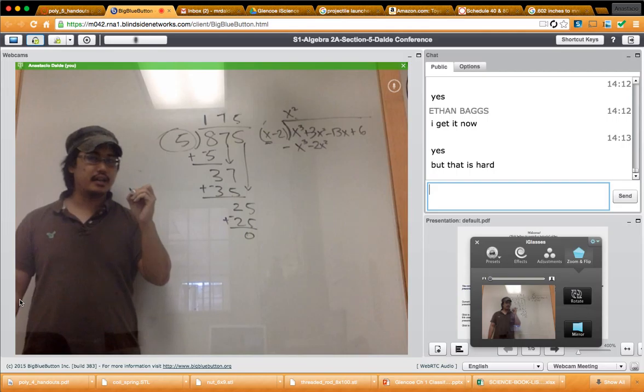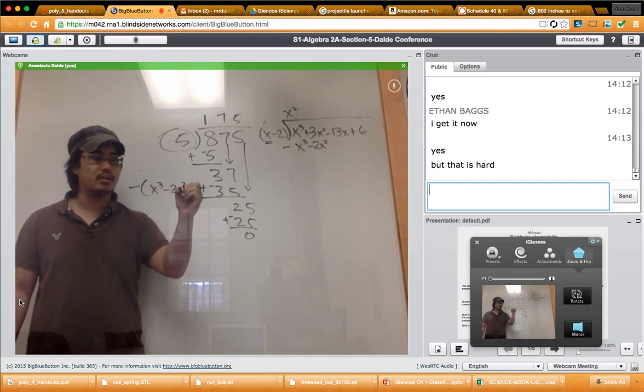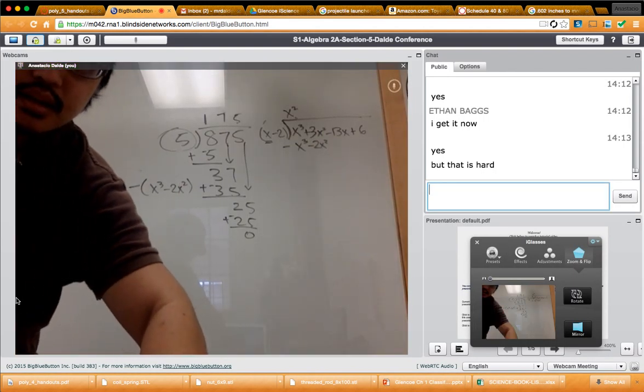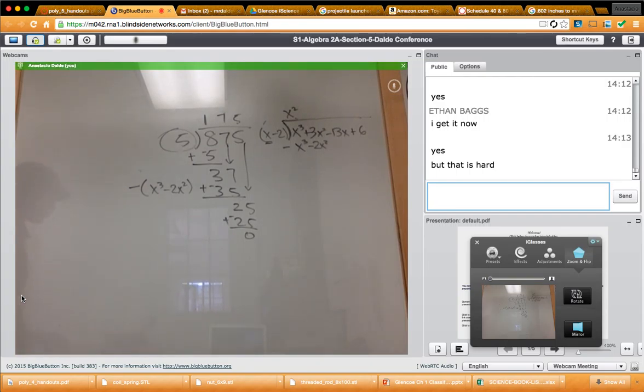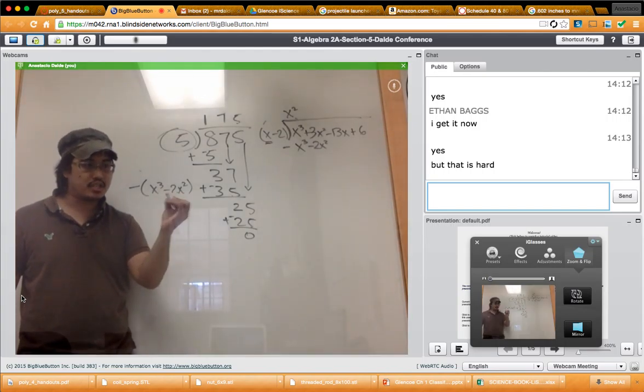And when I add a negative, when I have a negative x cubed minus 2x squared, I'm going to change the sign of each thing in there.